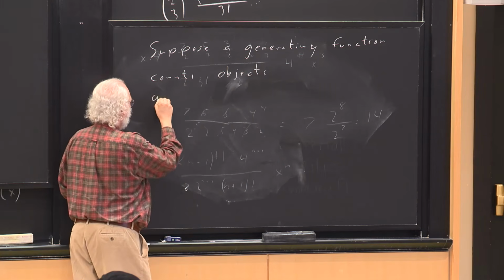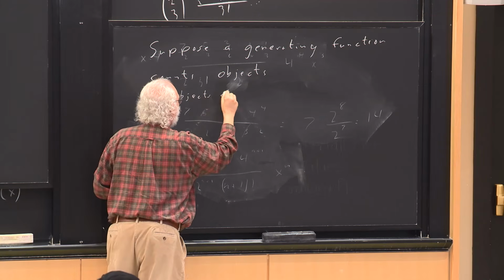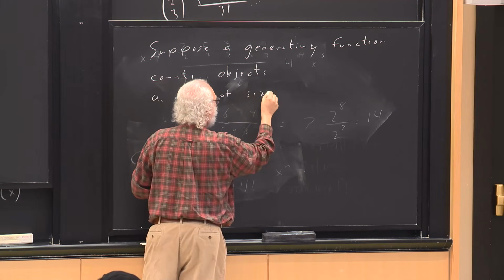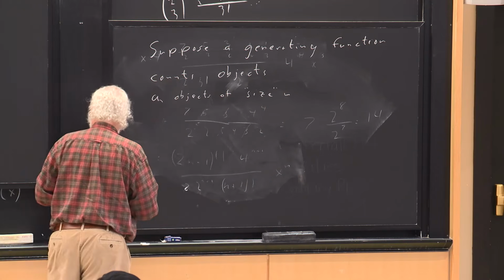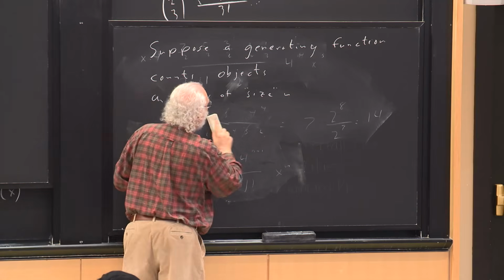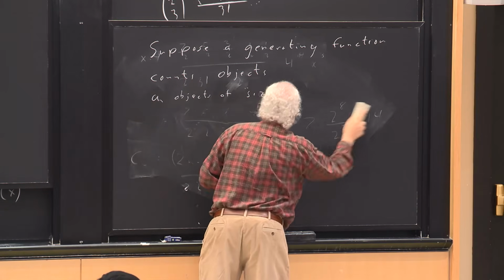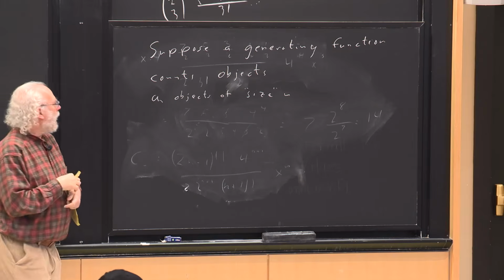There are a sub n objects of size n, where size might be the length of the Dyck path, or I guess size might be half the length of a Dyck path, but it could be anything else. You can think of this as an abstract quantity.